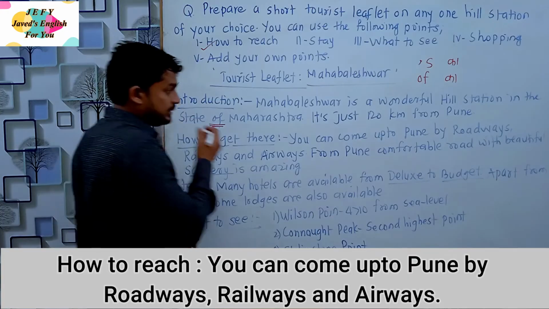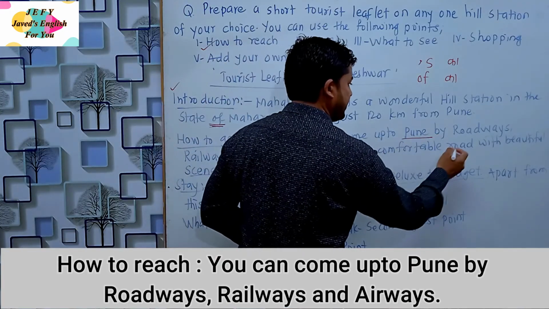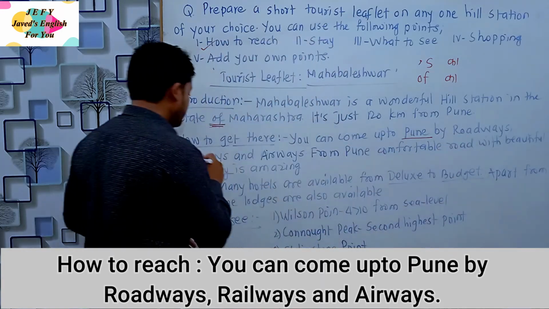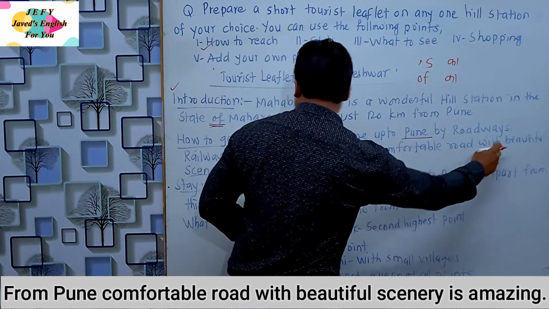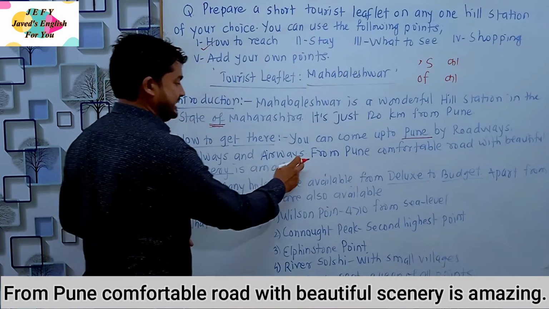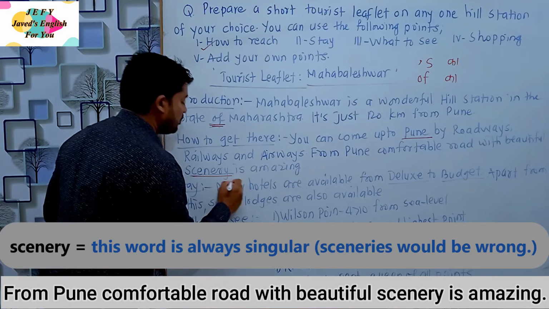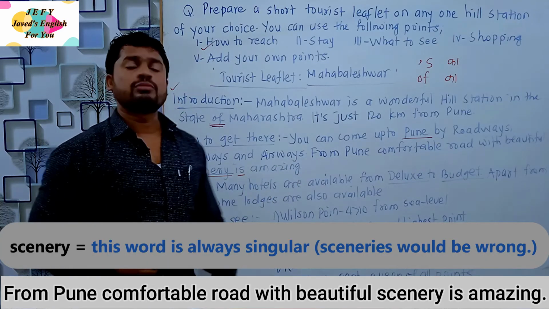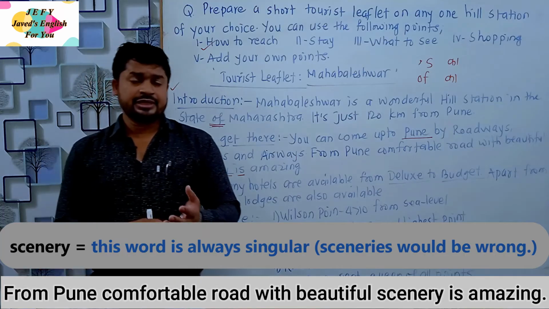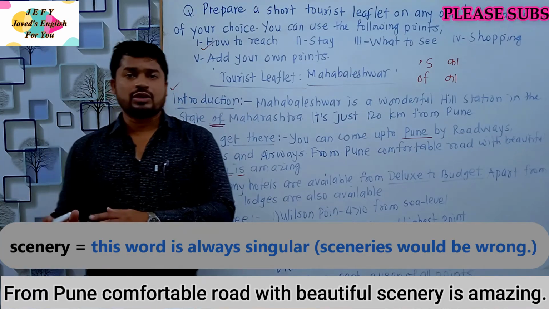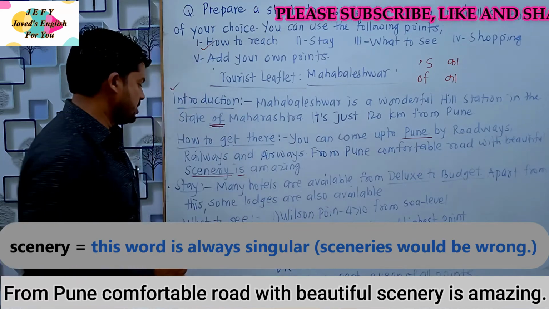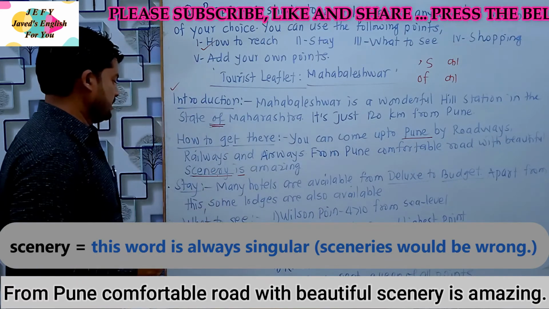So we are telling him that he can come up to Pune by either roadways or railways or airways. But from Pune, comfortable road with beautiful scenery is amazing. Scenery is a word which is always in singular form. You cannot say one scenery and two sceneries. However big the scene is, you will always have to say scenery.